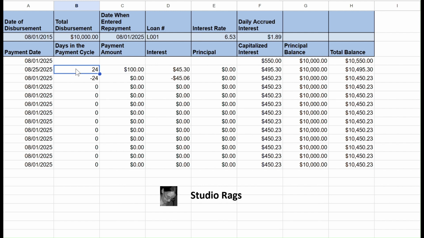So remember, this total number of days in the payment cycle will change depending on what day of the month you make a payment. And it may change based on what time of day you make that payment. So I think Nelnet has their cutoff at 4 p.m. Eastern.